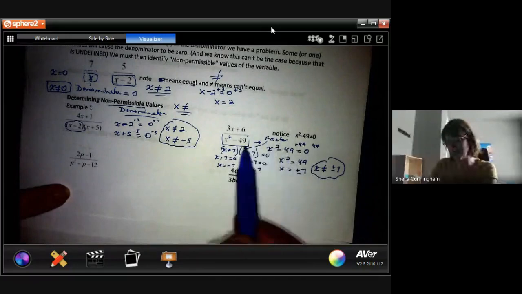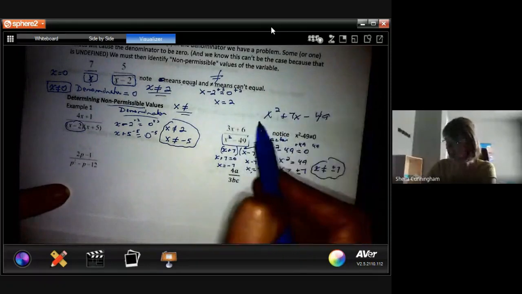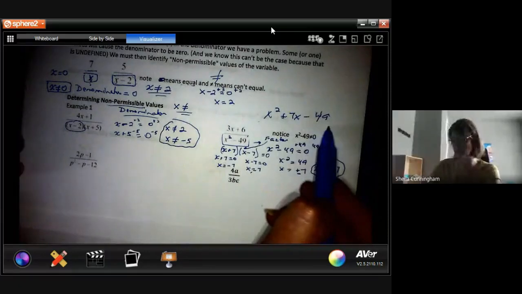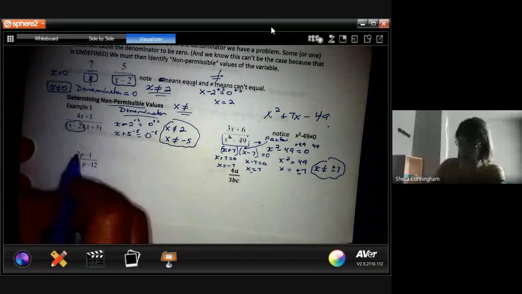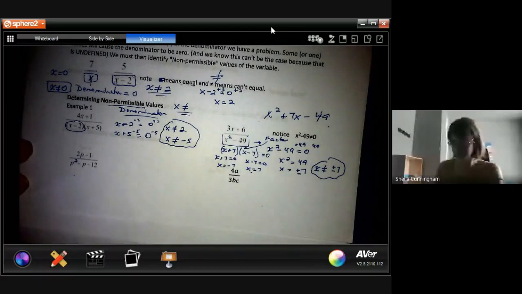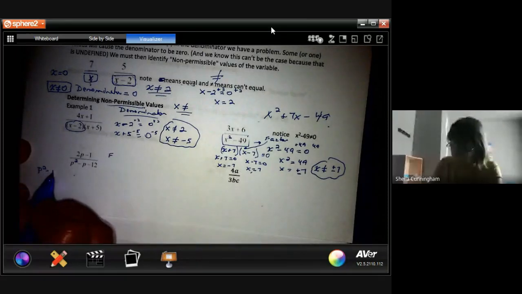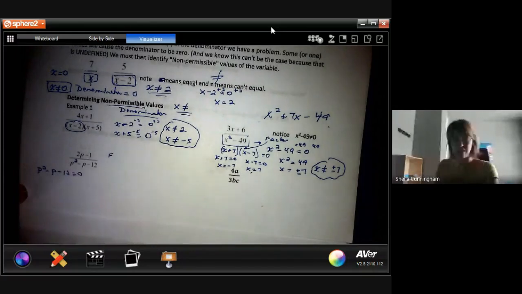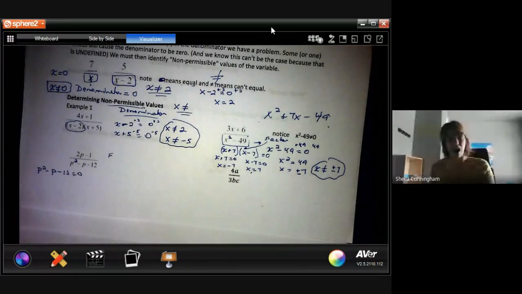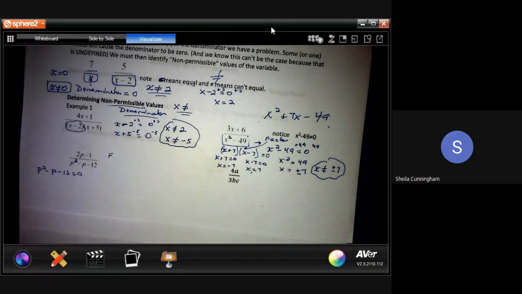This isn't a trinomial, it's not set up like that. If it's set up like a trinomial, then we're going to do what we do in this next example. Here we really have p squared minus p minus 12 on the bottom. That one I do have to factor, because if I set p squared minus p minus 12 equal to 0, I could technically go through the whole process of completing the square, but you're going to make way more work for yourself doing that.